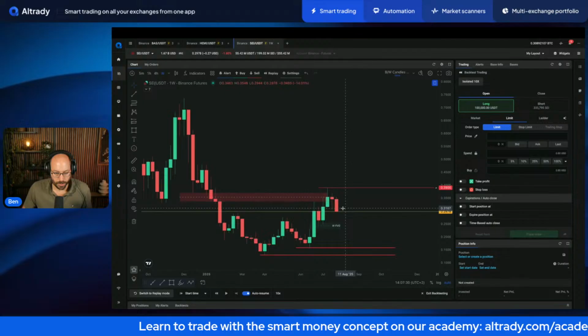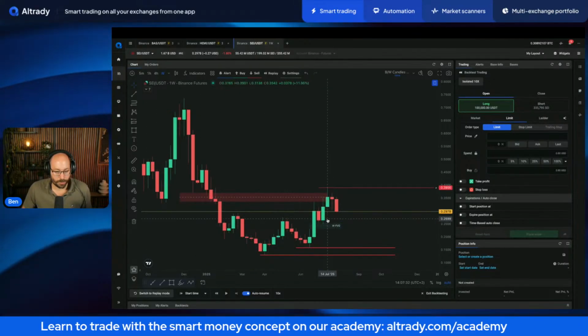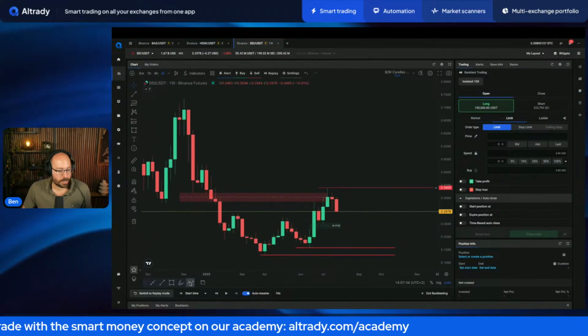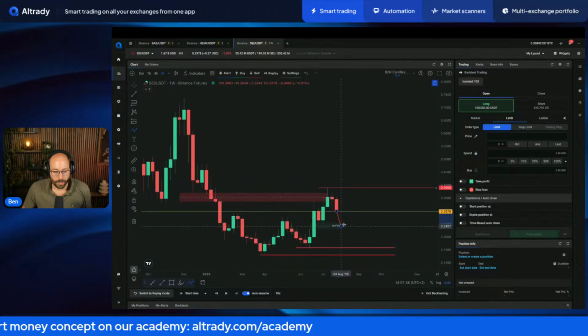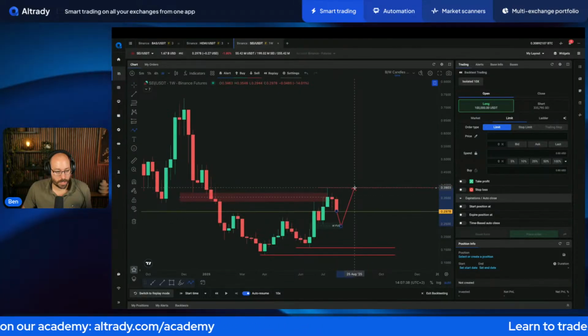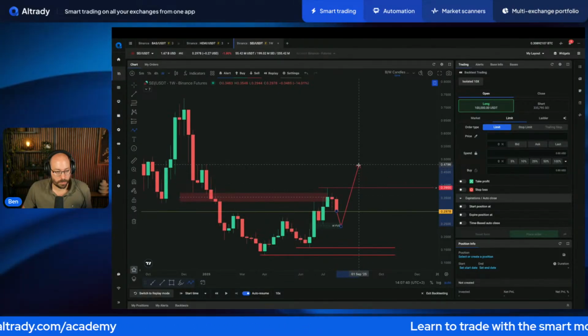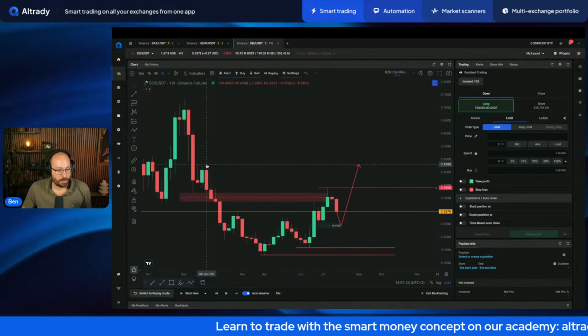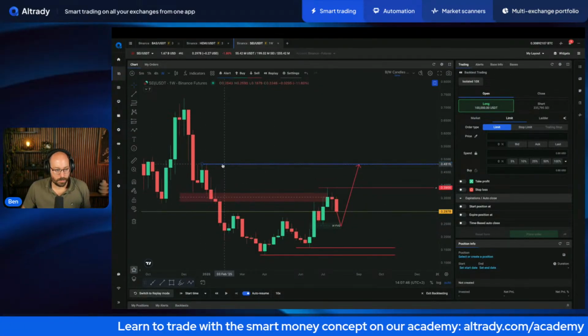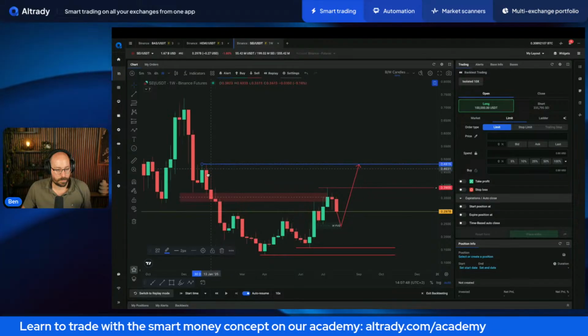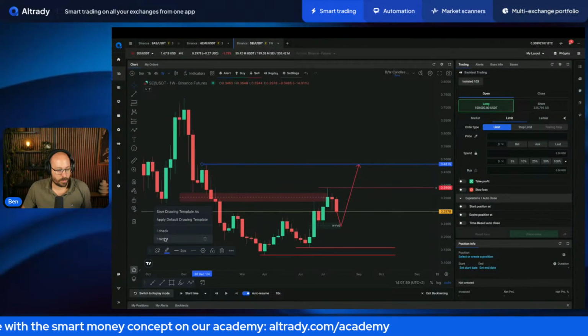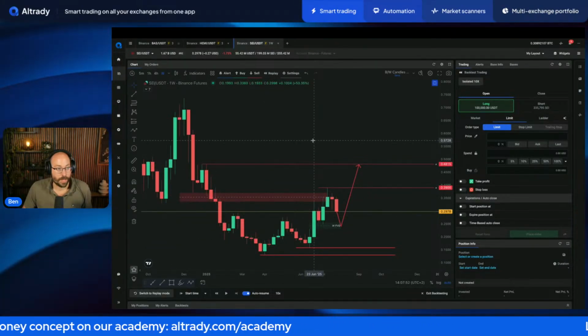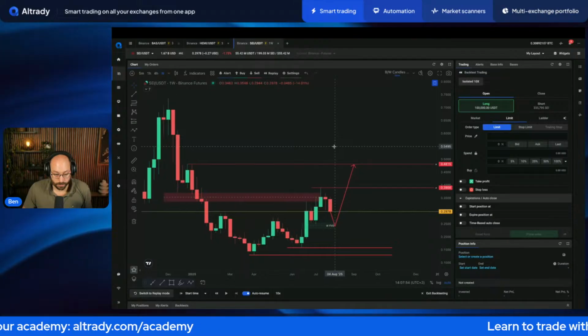So I would assume something like going in here and then maybe taking out this bit or even going there. I'm not sure if we will reach these targets. But it's the next target on the weekly, so we'll see.